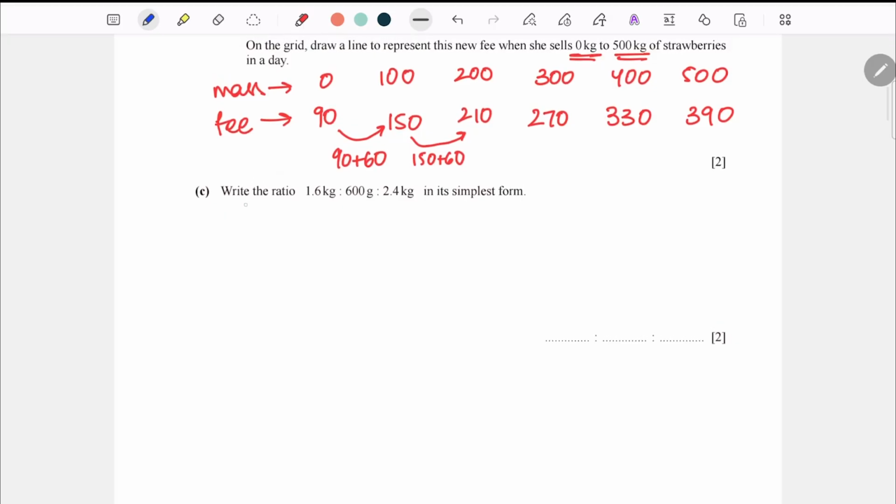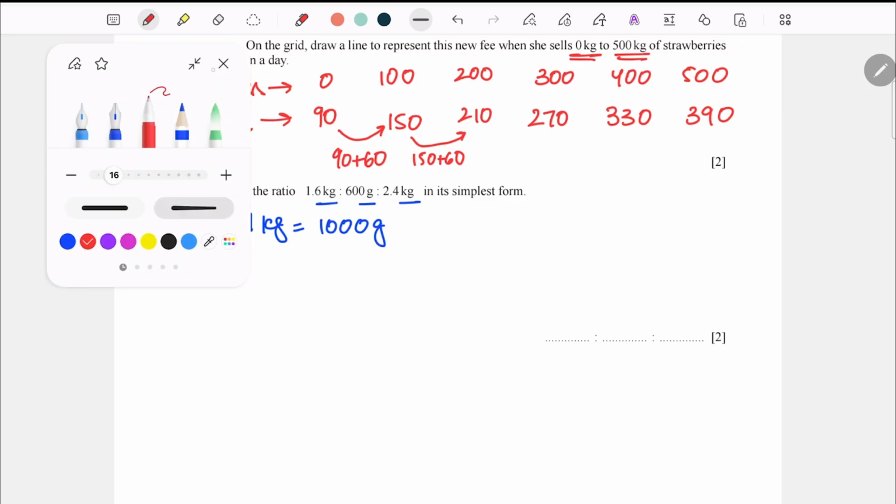Now in part C, write the ratio 1.6 kg to 600 gram to 2.4 kg in its simplest form. All the three units are different, so first we'll convert the units to make them uniform. So I'm going to convert kgs into grams. 1 kg is equal to 1000 grams.